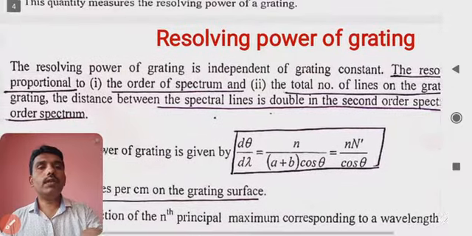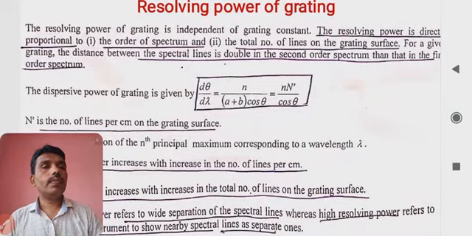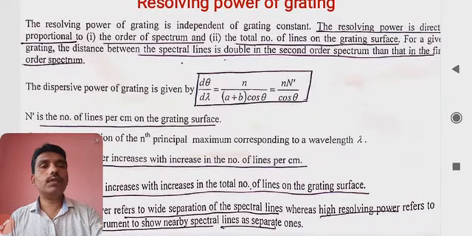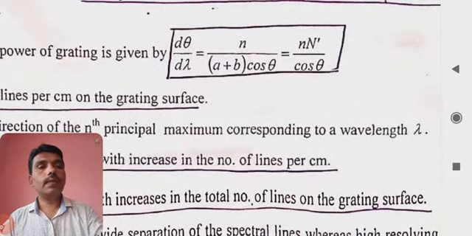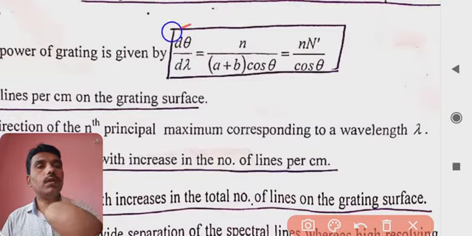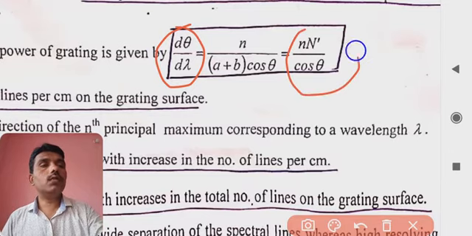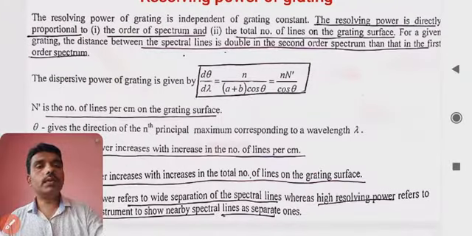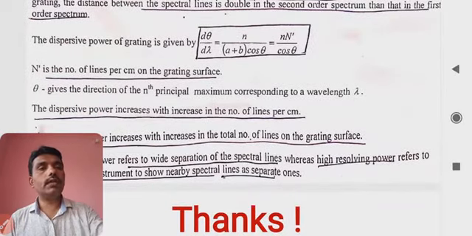For a given grating, the distance between the spectral lines is double in the second order spectrum than in the first order spectrum. The dispersive power of grating is d theta by d lambda is equal to n upon (a plus b) cos theta, which is n into N dash upon cos theta. Here N dash is the number of lines per centimeter on the grating surface.